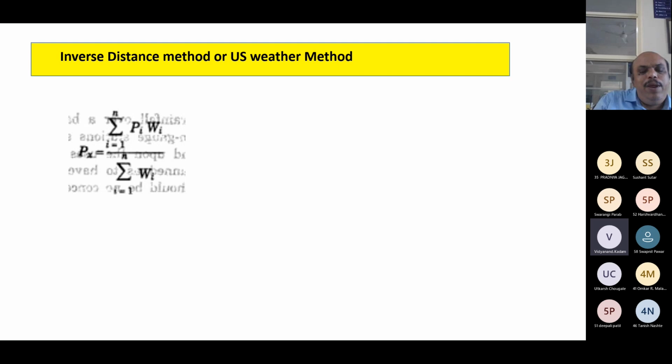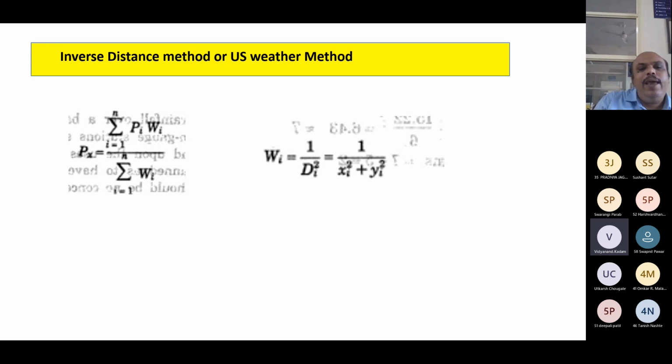Now, in previous method, how weightage was calculated? Weightage was calculated as Nx upon NA, Nx upon NB, that was the weightage. In the similar way, here this Wi is worked out with the formula 1 upon di square.